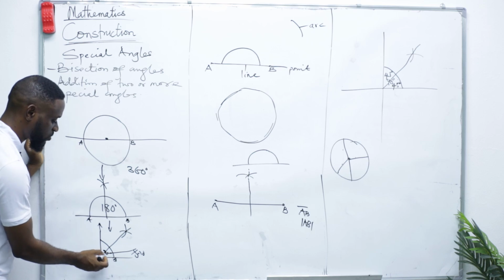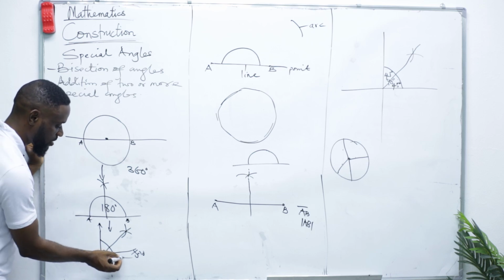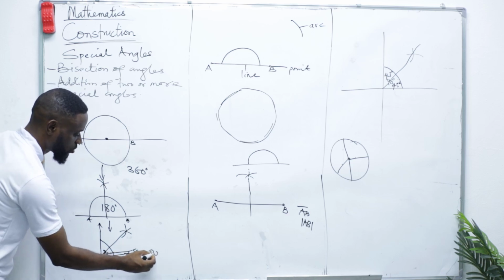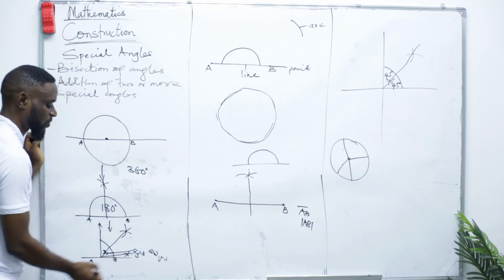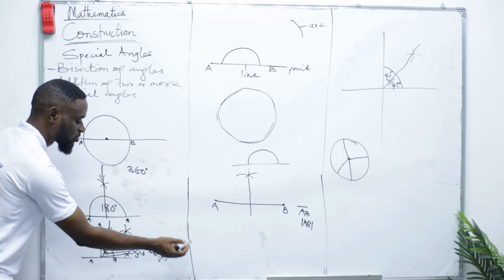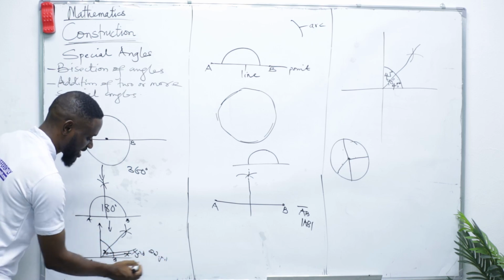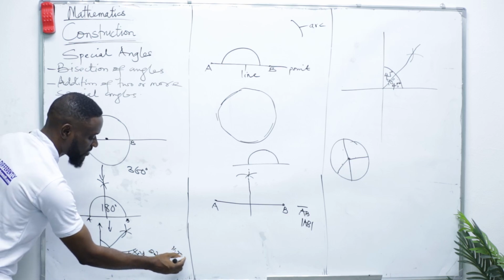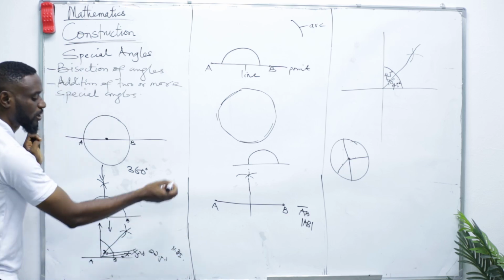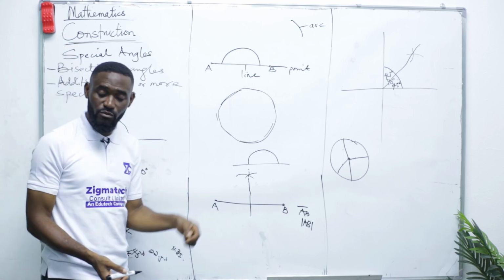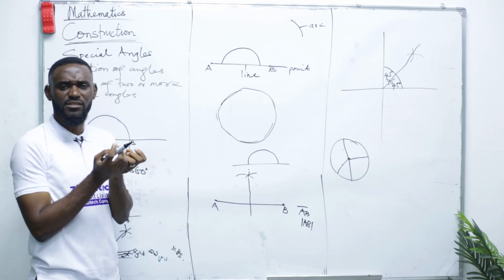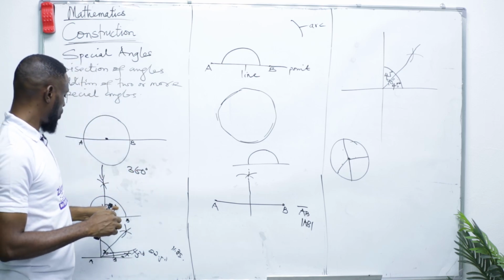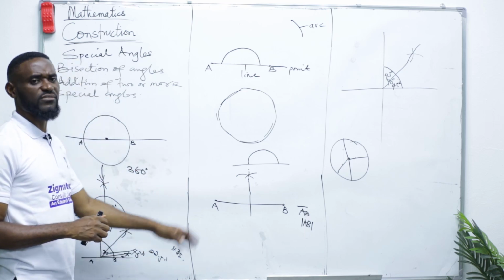This 45 degrees, we can still do that. Here, we bisect, here, we bisect, we join to give us 22.5 degrees. 22.5 degrees, we can still bisect these two, here and here, to give us 11.25. Just like that, we can bisect this till we can't even have anything to bisect. Do you understand? So that is for 360, 180, 90, 45, 22.5 and all that.